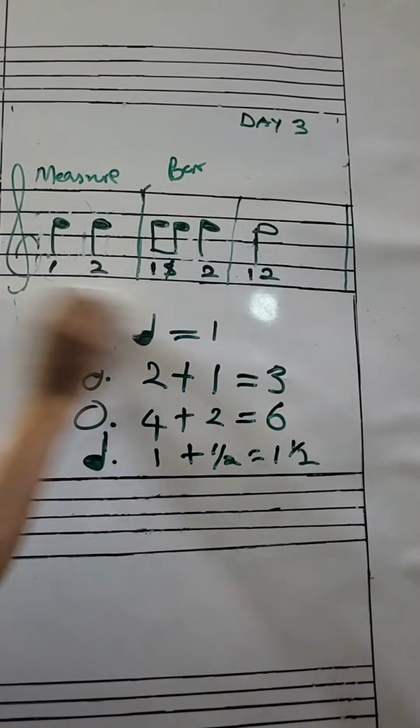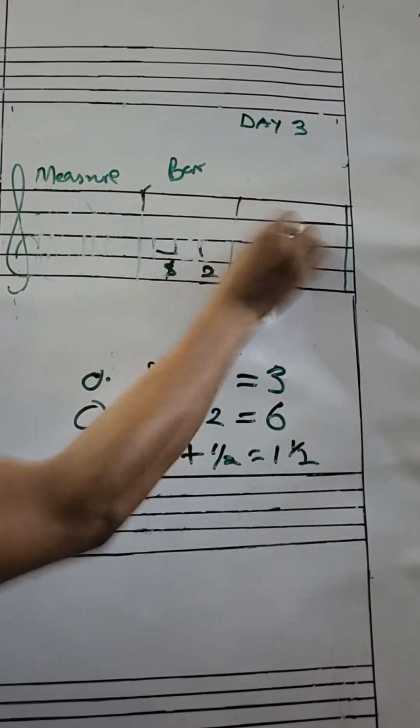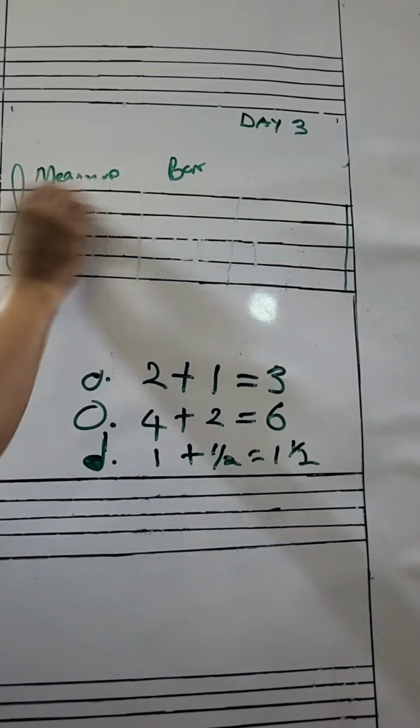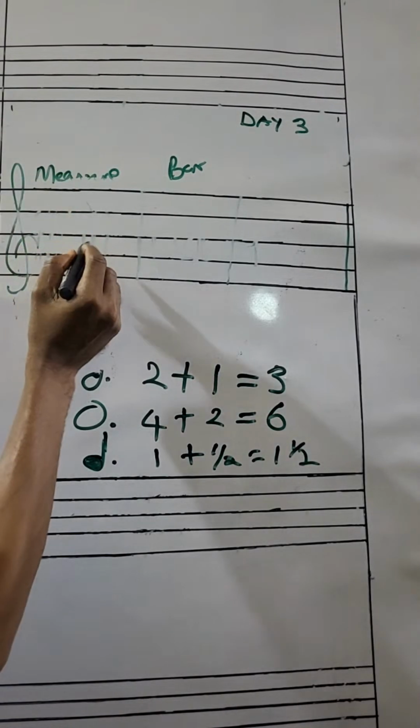Now let's go further to something very important. Tonight I want us to really know how to sight read. So tonight we are going to be recognizing notes, durations, and their rests. We did this yesterday.